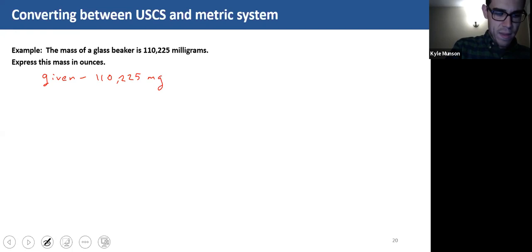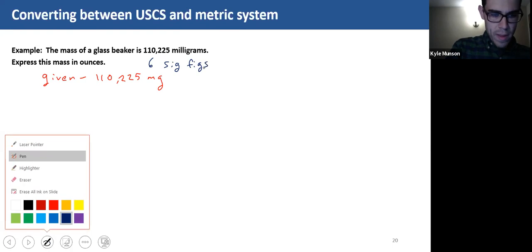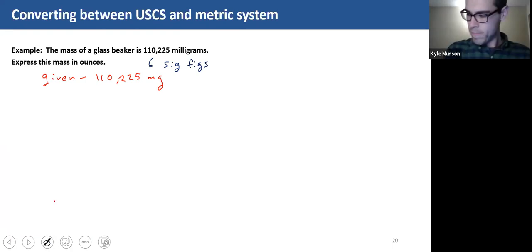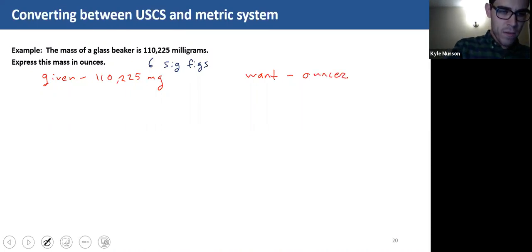And I'll just write this now since I think we're getting familiar with it. This has 6 sig figs. Okay. So I want ounces.